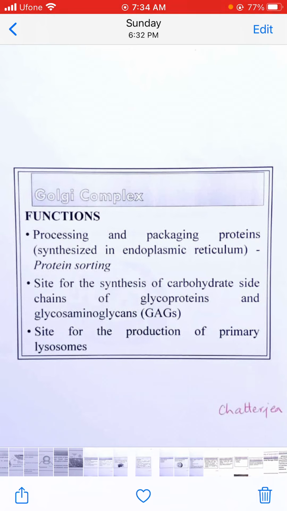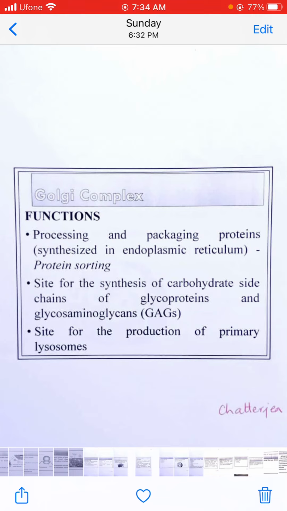Here we are going to end the lecture by studying 3 types of organelles. I'm going to brief all the organelles we studied today: cytoplasmic organelles like ribosomes, endoplasmic reticulum, and Golgi apparatus. From tomorrow we will start discussing from the lysosome and onwards.